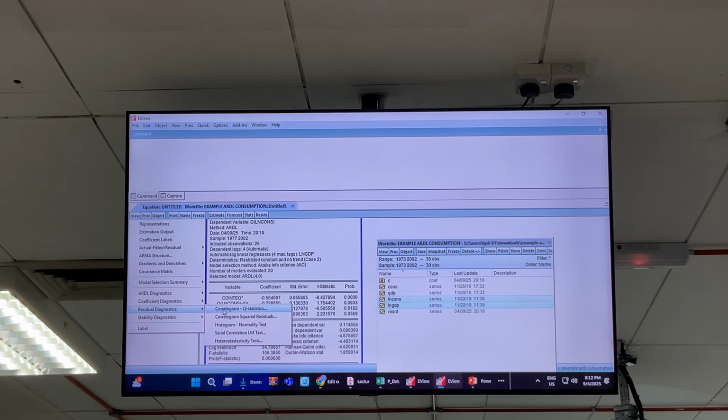I can use this histogram to test whether the residuals follow the normal distribution or not. I can use the serial correlation test to test whether the residuals have serial correlation or not. I can use a heteroscedasticity test to test whether the variance of the residuals is constant, right? There are so many other tests. Actually, the journal articles I show you later will discuss all these things.